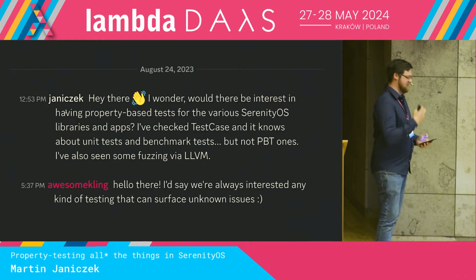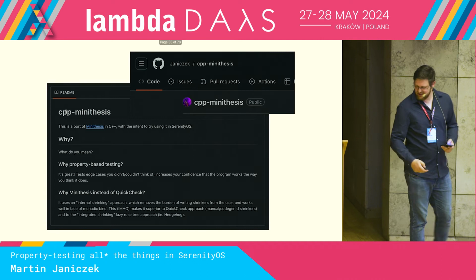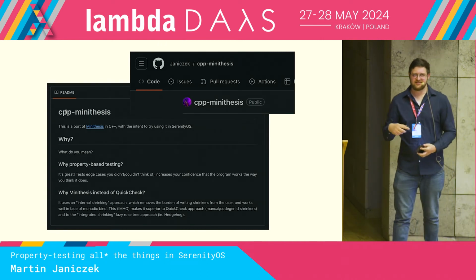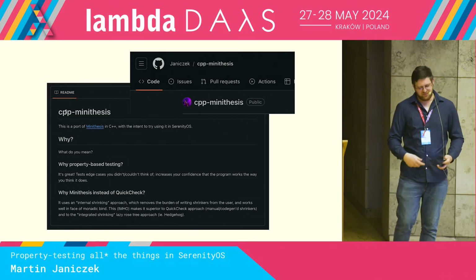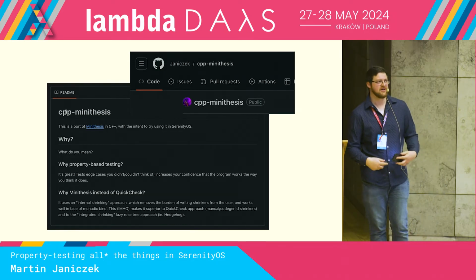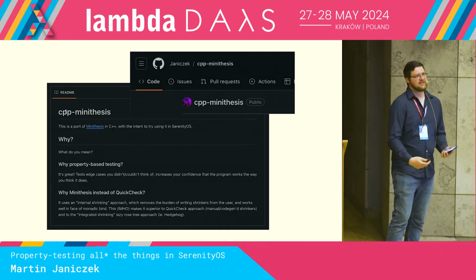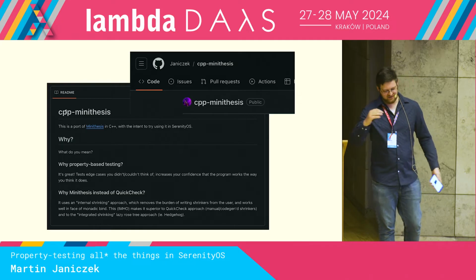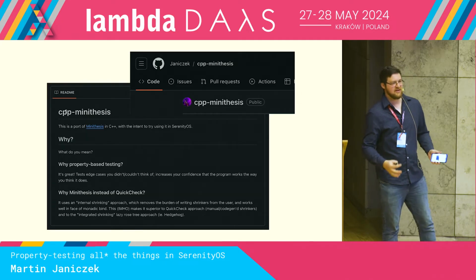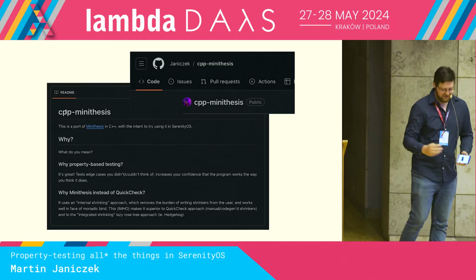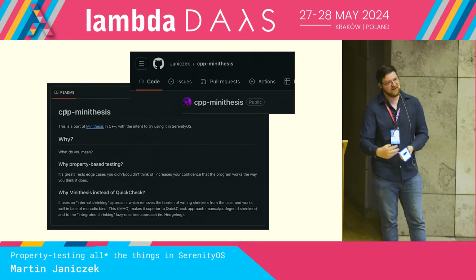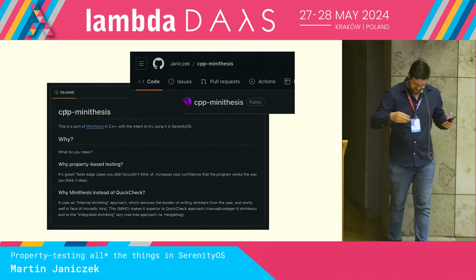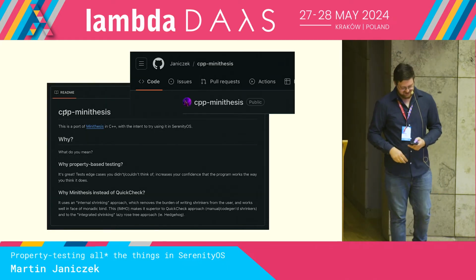Will I be able to solve them? And so CPP minithesis was born. The minithesis in the name is basically that the author of Hypothesis wrote a minithesis repository as a kind of guide on the core idea of how it works. So it doesn't have all the bells and whistles of the full library, but it has the core algorithm in one file. So I made CPP minithesis to just get the core idea running, just a proof of concept.